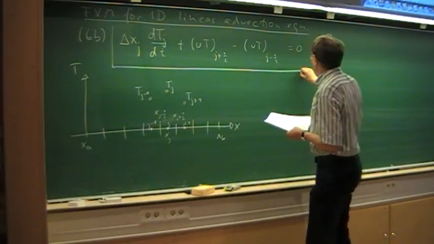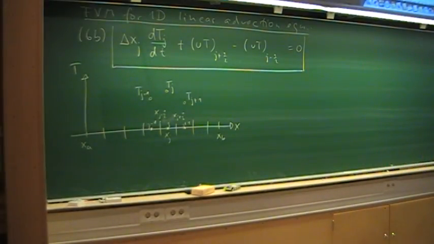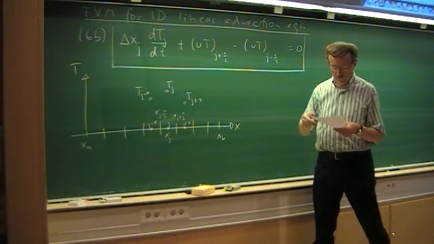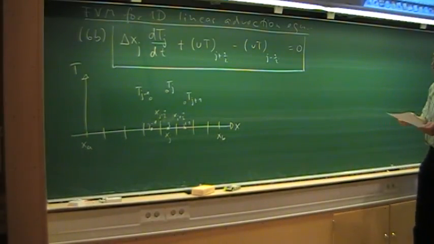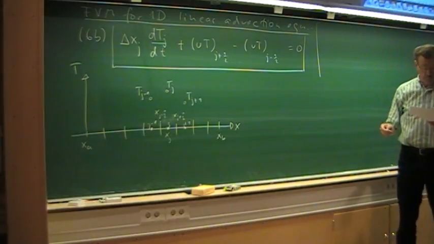And we mentioned already at the end of last lecture that it depends on the way we approximate these fluxes, these convective fluxes, which finite volume method we get in the end. So we start now to look at some of these possibilities.